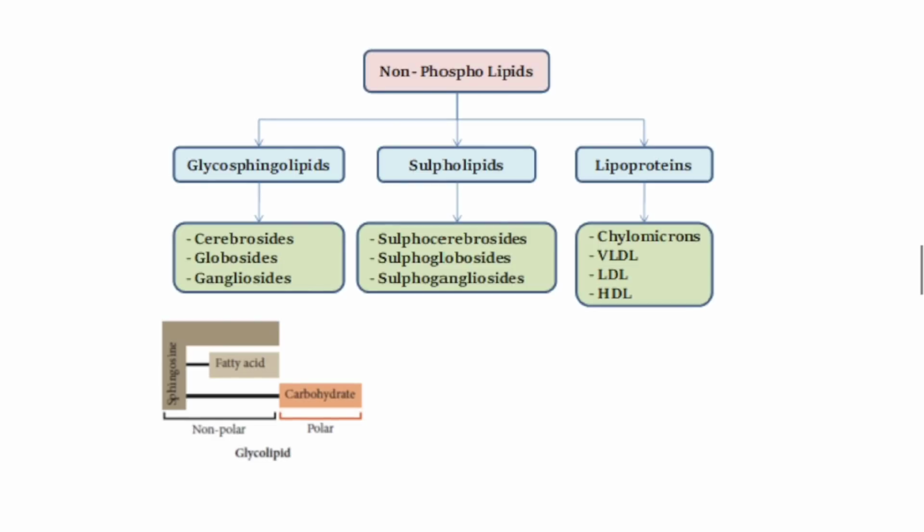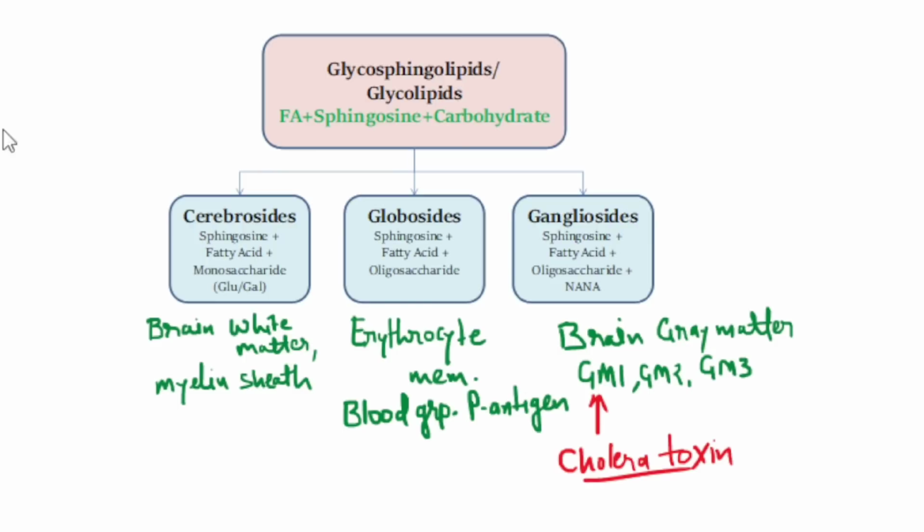Now we will see non-phospholipids. Glycosphingolipids, or you can say glycolipids, sulpholipids, and lipoproteins. Glycosphingolipids or glycolipids are made up of fatty acids plus sphingosine as alcohol and carbohydrates.